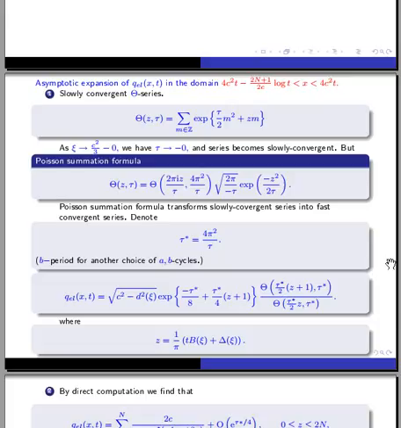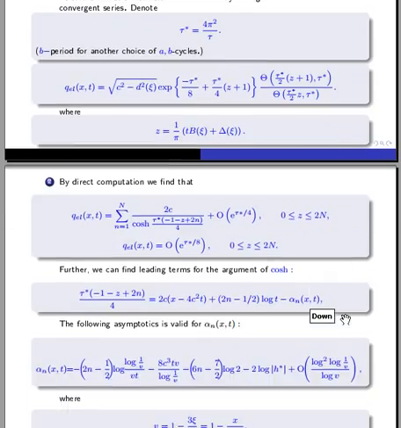Then we rewrite the expression for Q elliptic in the following form. Notice that since each theta function here is represented by a fast convergent series, the main input to each series comes from at most 2 or 3 terms, and then we can rewrite this ratio in the following form of an inverse hyperbolic cosine.